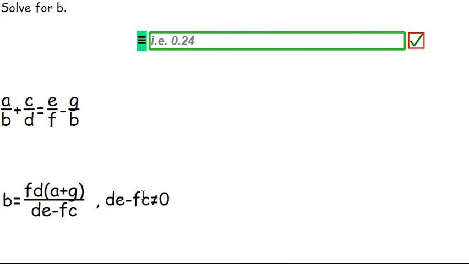Something I don't do in a lot of these problems, and I just went ahead and did it in this one, and that is stating that this can't be 0 down here in the bottom. So in other words, their difference cannot equal 0 because you can't divide by 0.